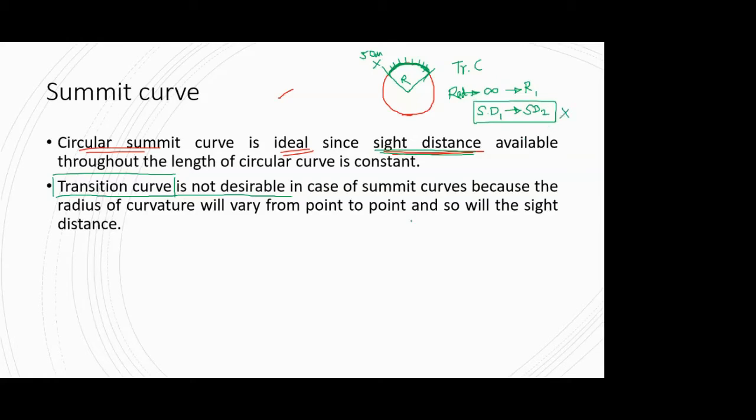So we want a constant sight distance. That's why we want a curve whose radius will remain constant. And obviously in a transition curve, the radius doesn't remain constant. So a transition curve is not desirable in the case of our summit curves.